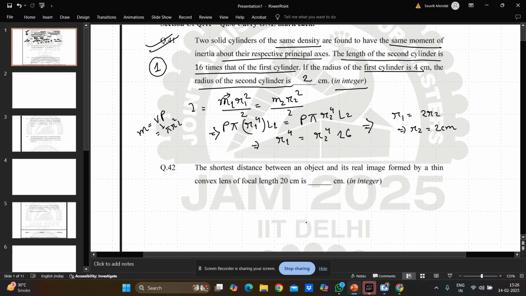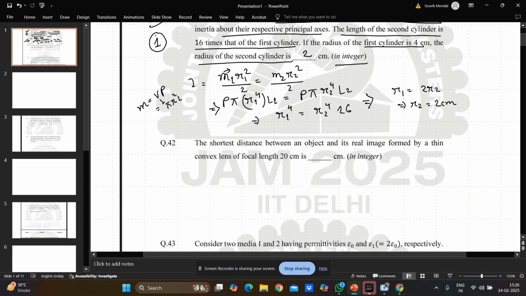Okay. So the question is the shortest distance between an object and its real image formed by a thin convex lens of focal length 20 cm. If you remember the theory, a convex lens can have a real image and a virtual image. It has a virtual image only if the object is placed between the center and the focus.